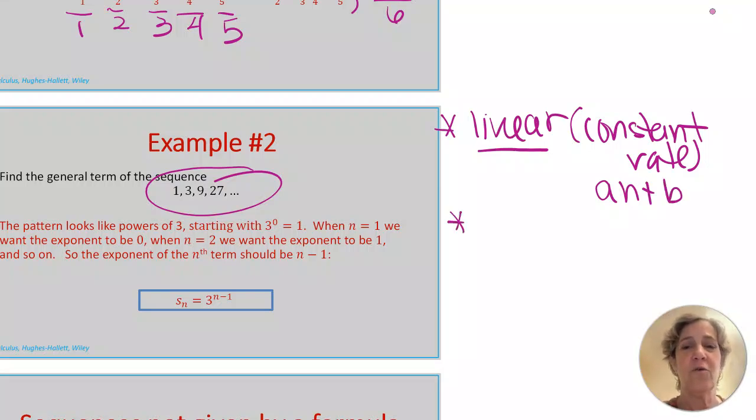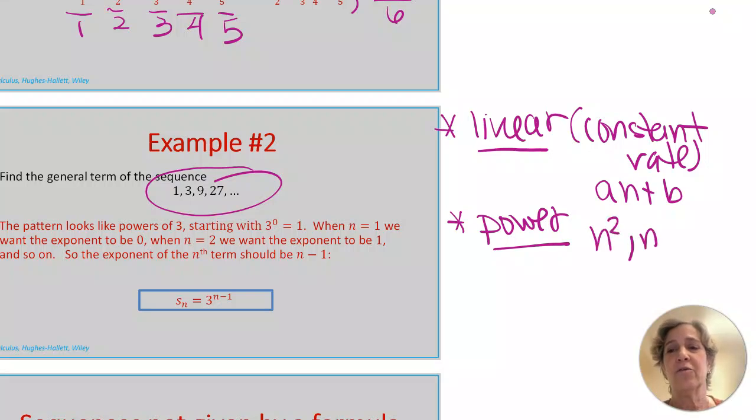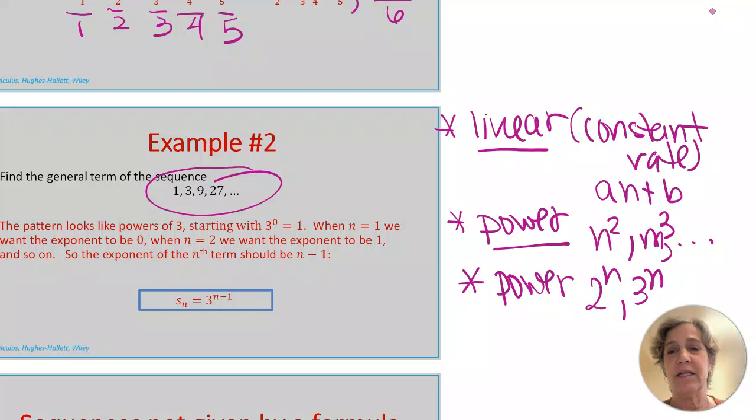Another thing to look for is whether it looks like a power. In other words, is everything being squared, cubed, etc., or another kind of power where the base changes, like 2 to the n or 3 to the n? Sometimes, like in this case, you need to tweak a little bit. Here we're taking powers of 3, but we're not starting with n, we're starting with n minus 1.